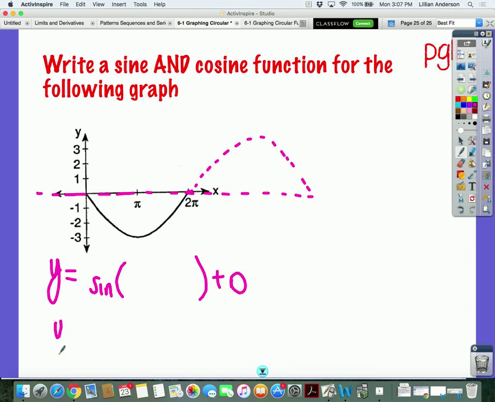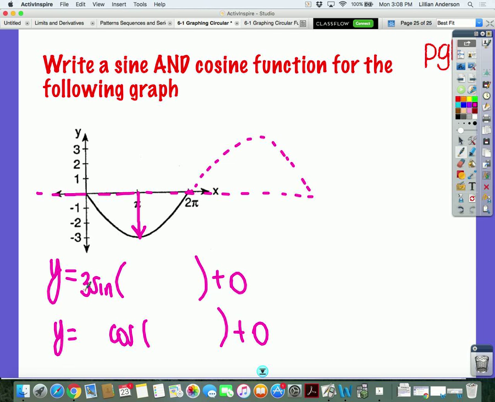And technically, like I said before, A, B, and D are all the same for sine or cosine, so I really could fill in both of them at the same time. What's my amplitude? It's going to be 3. Remember, it's the distance from the midline to a max or a min.